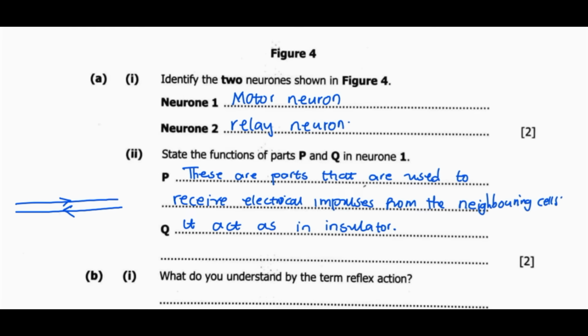If this is our neuron 1 and this is our neuron 2, we don't want impulses to cross from neuron 1 into neuron 2. So that is the function of this myelin sheath.